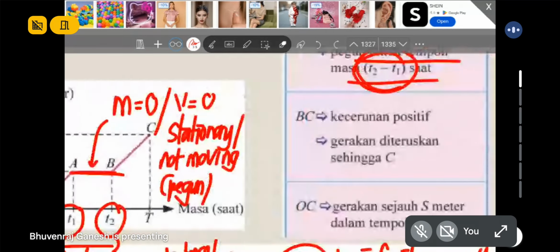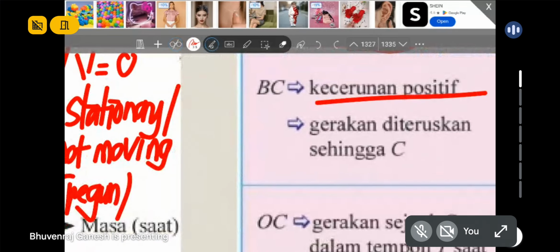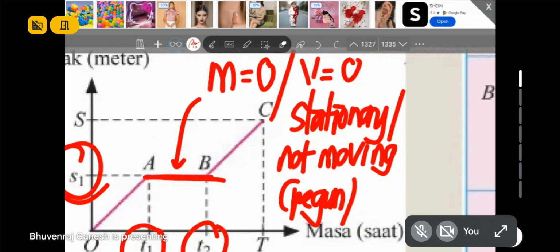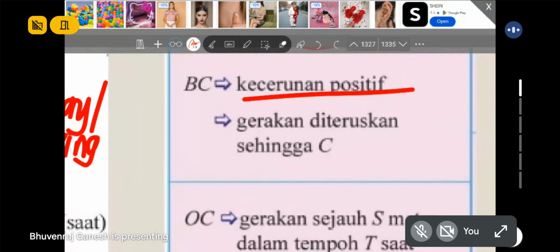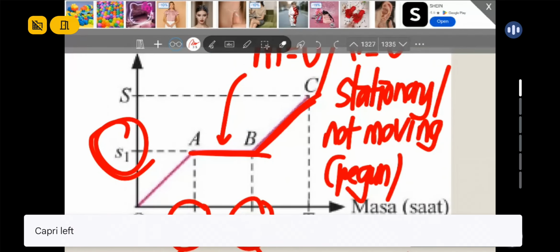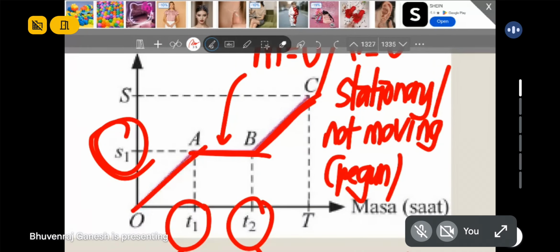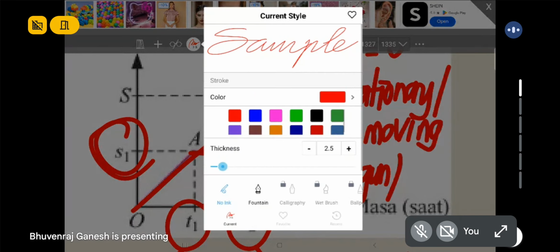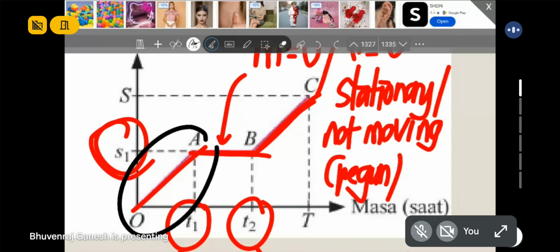Alright, so next one, BC. For BC, your gradient is positive. Same step, so BC is also positive, which means it is continuing. Check the gradient of OA and BC. Do you think the gradient is the same or different?